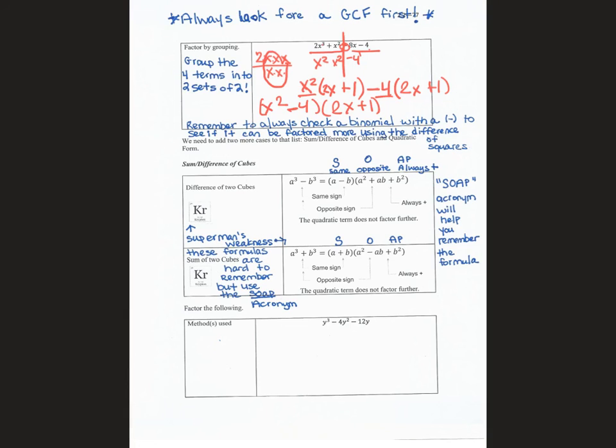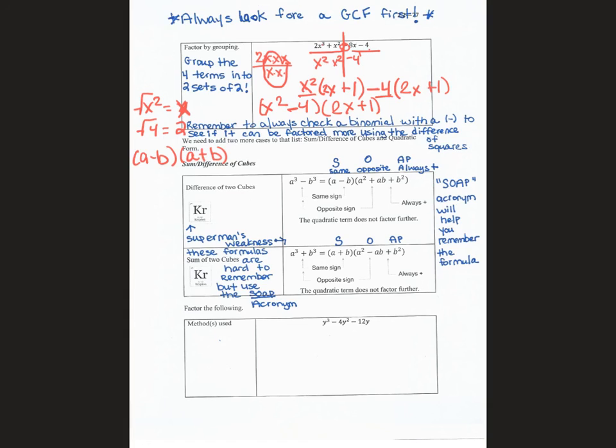So can I take the square root of x squared? I can. It's x. Can I take the square root of 4? I can. It's 2. So if that answers to be true, then that means I have an a minus b times a plus b situation. I have a difference of squares again.